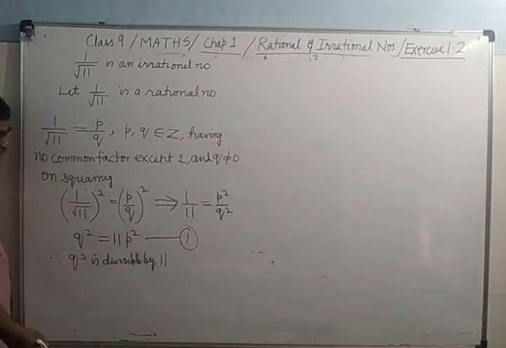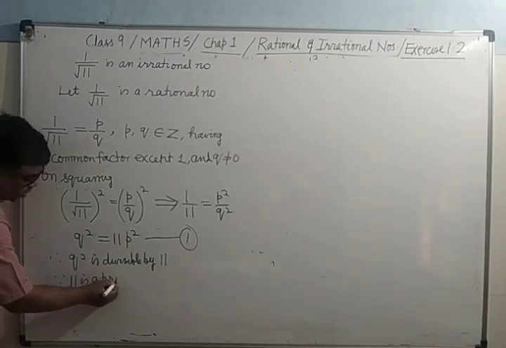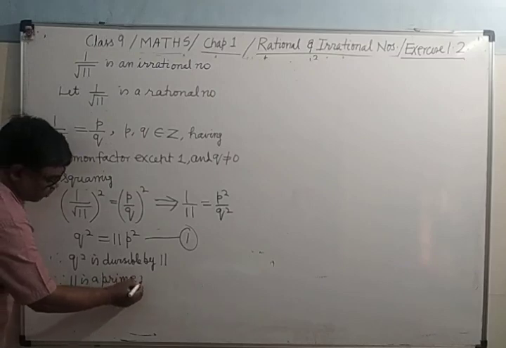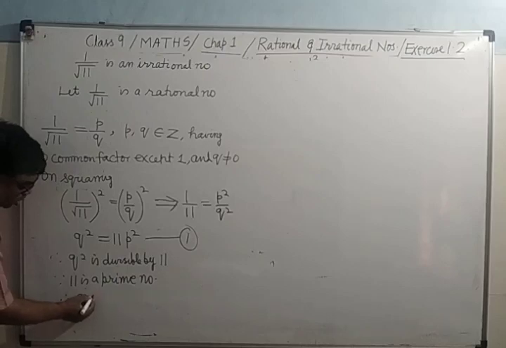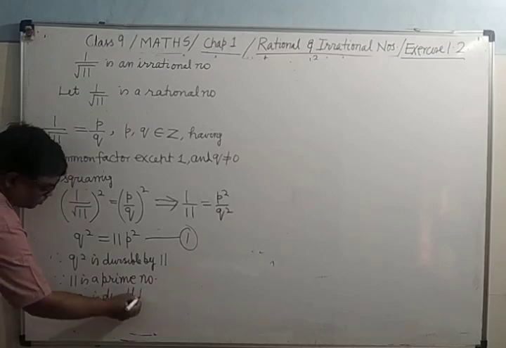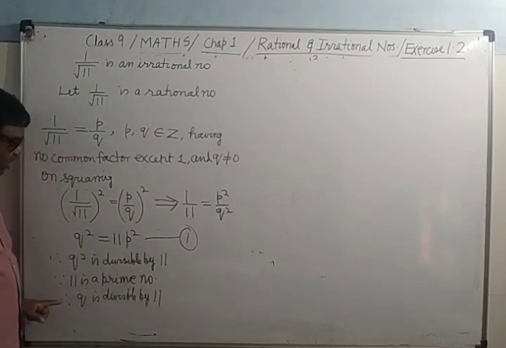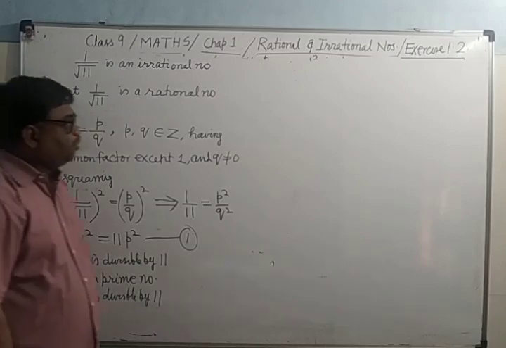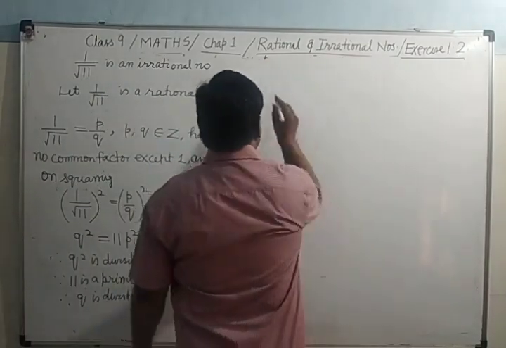Now, as we know, 11 is a prime number. Therefore, Q square is divisible by 11, so Q is also divisible by 11. That's clear.